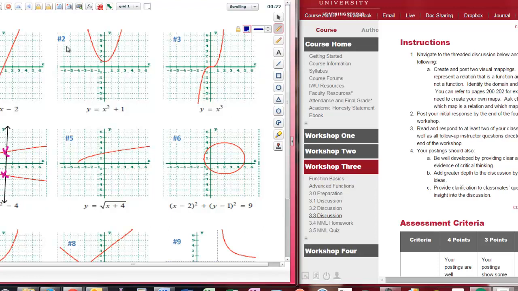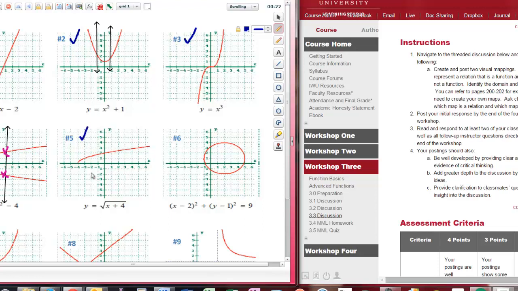So number 2 here, no matter where I draw a vertical line on here, it'll only go through the graph once. So that one is a function. Same thing with number 3. No matter where I draw a vertical line in here, it's only going to go through once. Therefore, it is a function. Same thing with number 5.